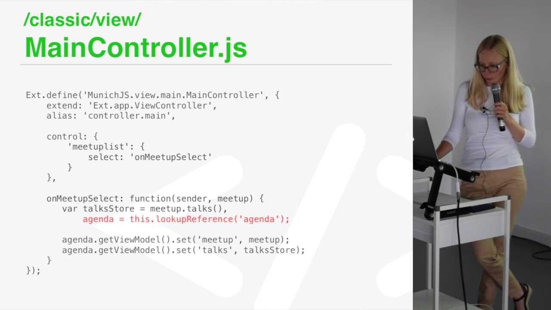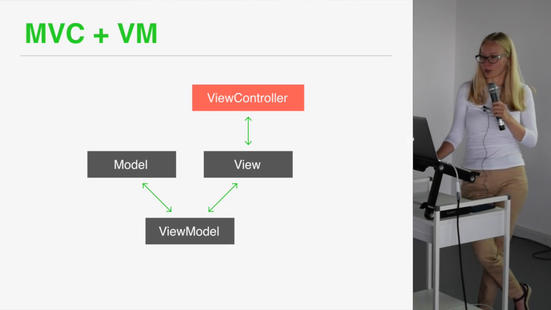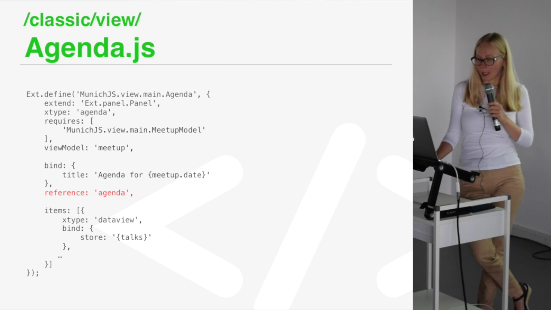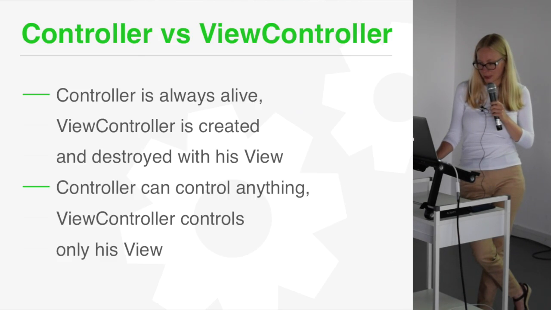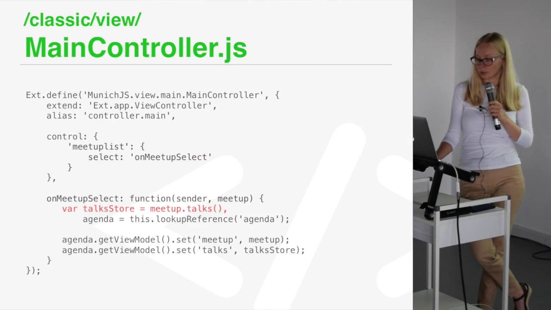I'll show you. I forgot to tell that it's possible to add a reference also inside of the agenda view. And here we use this reference to get the agenda view instance and just assign the Meetup and talk store to the view model. And that's it.